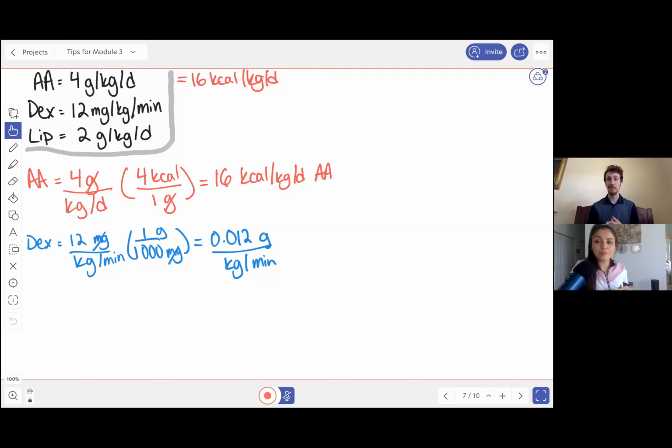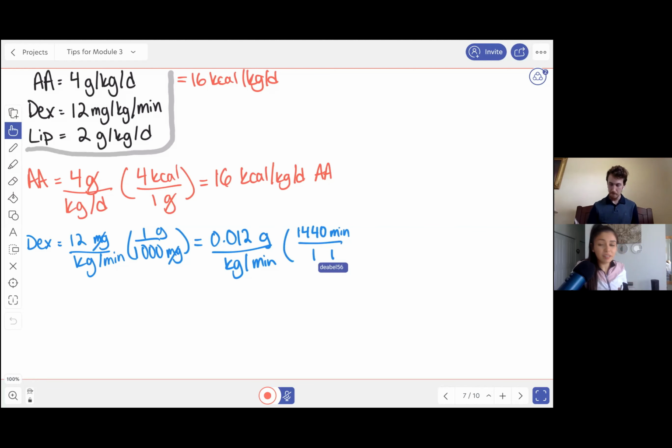Now we want to get rid of that minutes portion of the equation because remember we want our final answer to be in calories per kilogram per day. So we're going to convert the minutes to days. And once again for this, we're going to assume that the TPN is running for 24 hours. And like we calculated before, we have 1,440 minutes per day. So we're going to go ahead and multiply this by that 1,440 minutes per day.